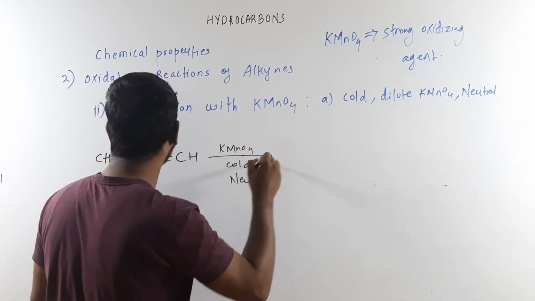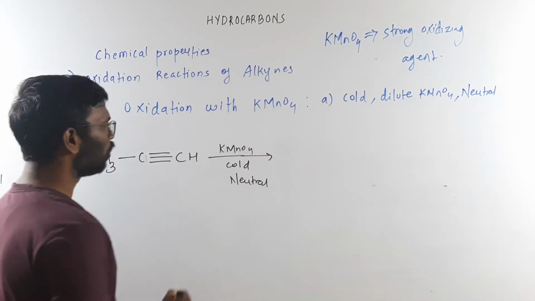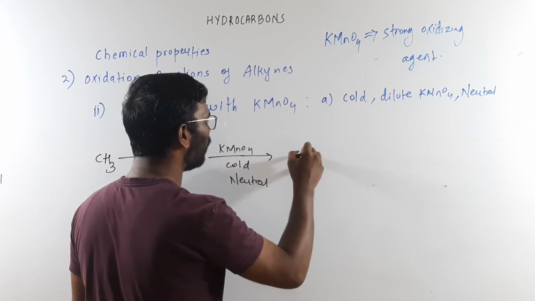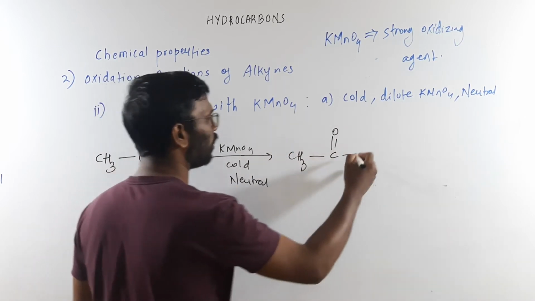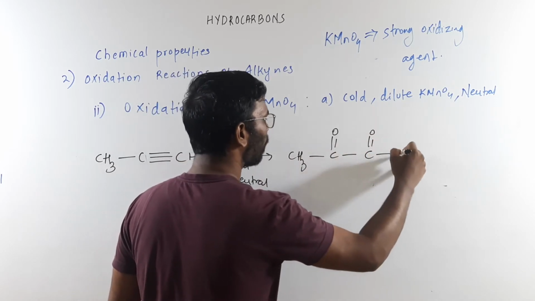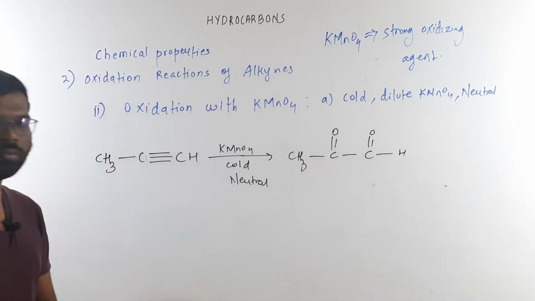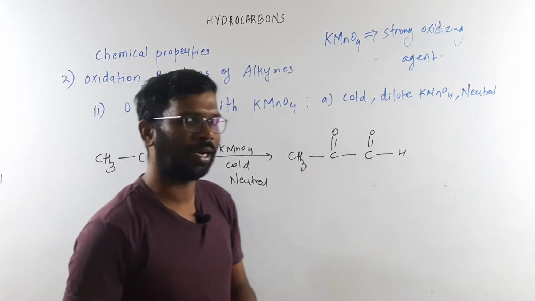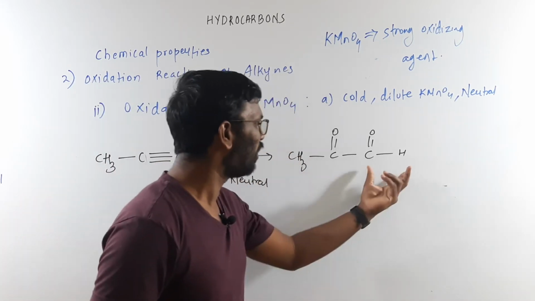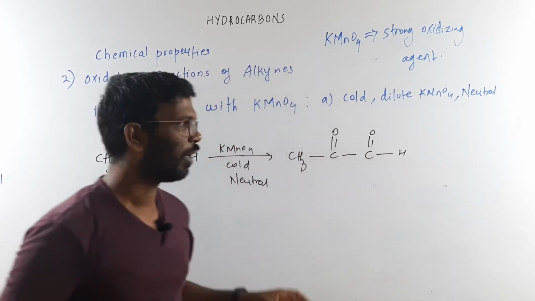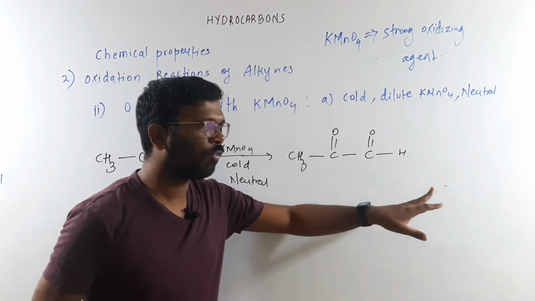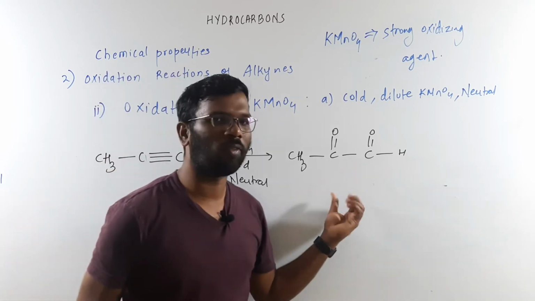KMnO4 is a very strong oxidizing agent. So here the final product should be CH3-C(=O)-, as per the previous reaction, and here also there should be a hydrogen. Now we are getting one ketone and one aldehyde, two functional groups.